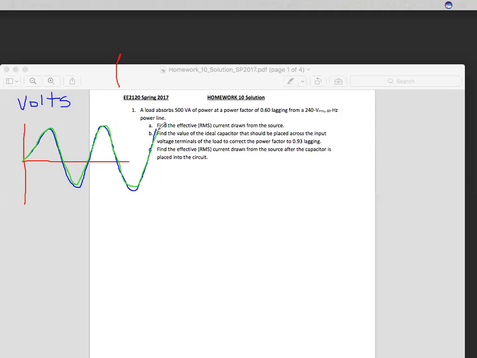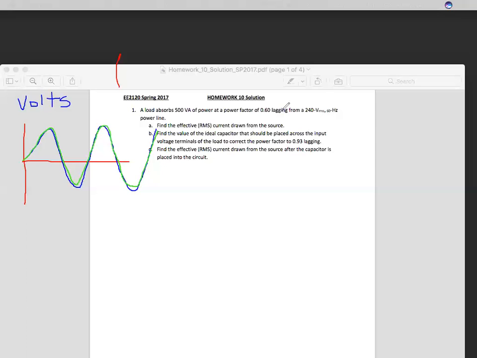Because, as you know, if you've gotten to this point, you should know that the current through an inductor and or a capacitor has an effect on the phase angle of the voltage and current. So as an example, for this problem, I'll use dark green to show our current.